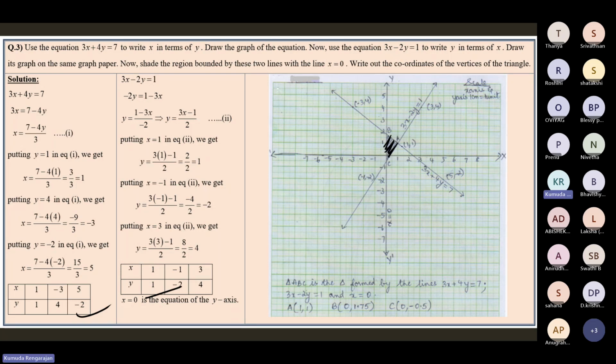And after that, we are asked to write the coordinates of the vertices of the triangle. Vertex, vertex, vertex, and the coordinates of the vertices. So you can see here, triangle ABC is the triangle formed by the lines, and the vertices are A, B, and C.